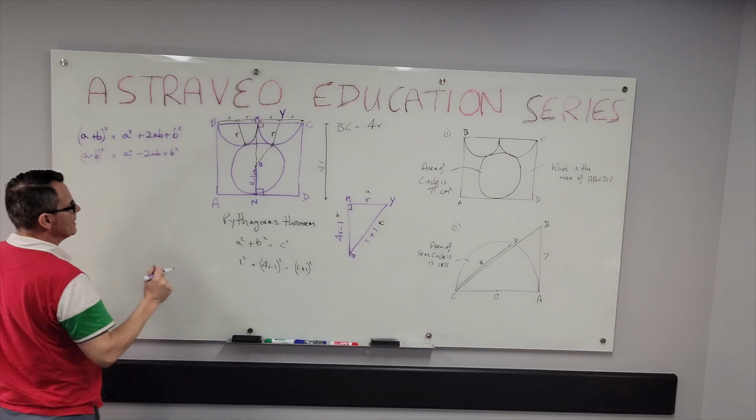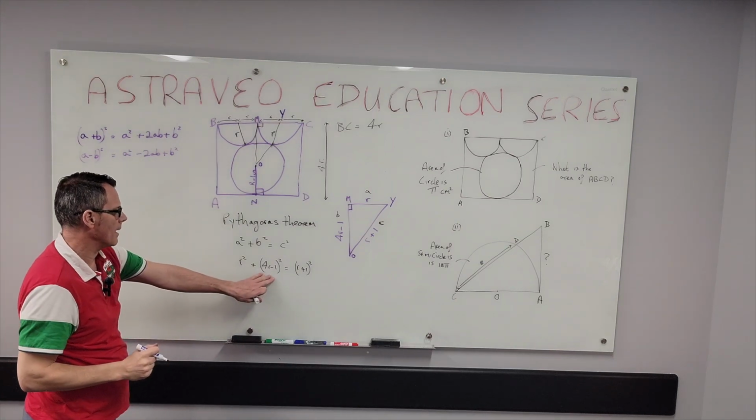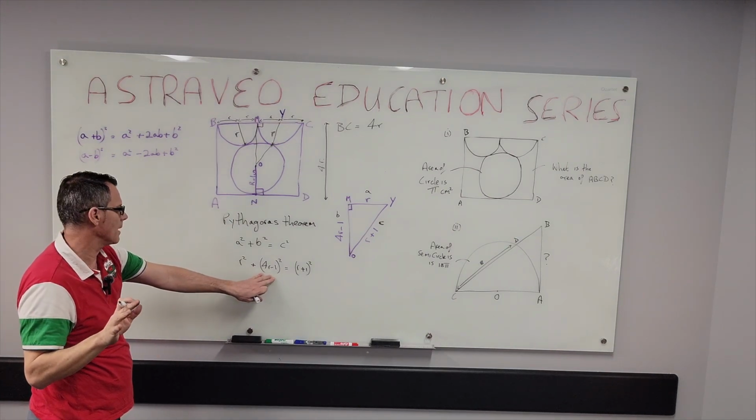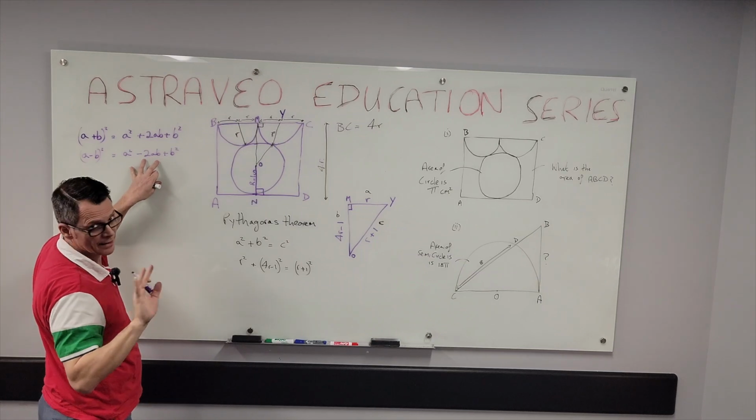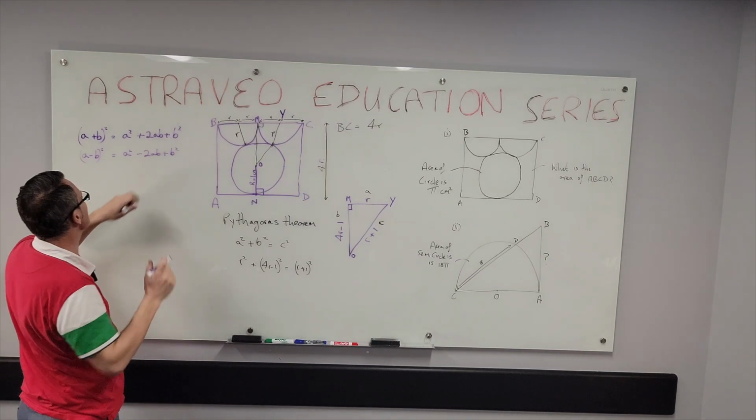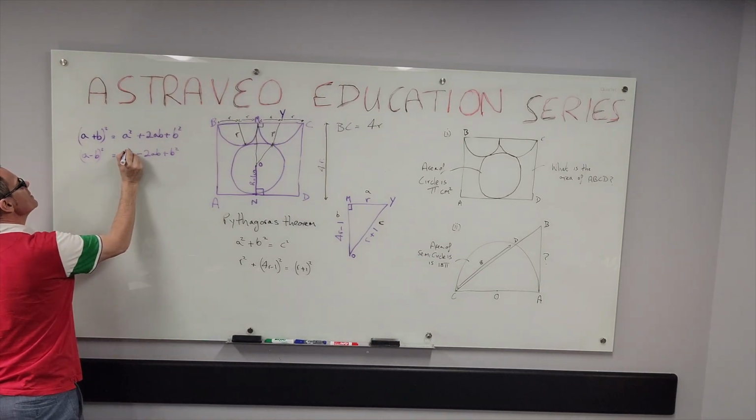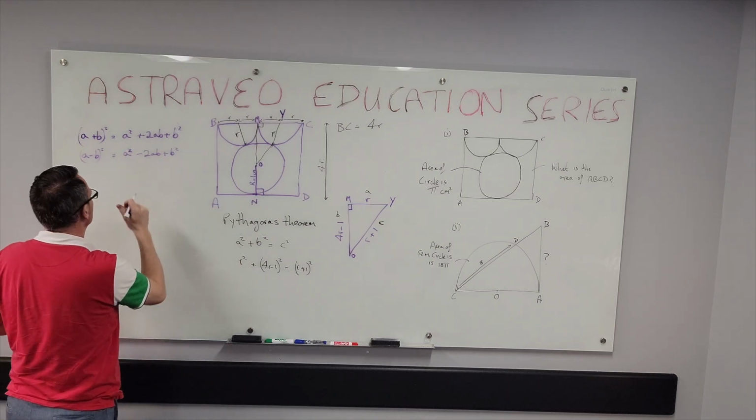I will do the eyebrow method here because I much prefer it. You'll get identical answers. These are just mathematical identities, but we can prove it.